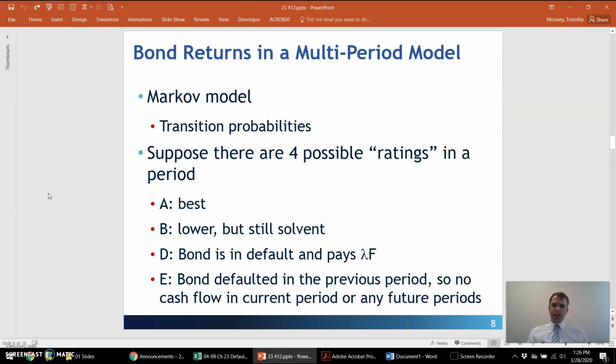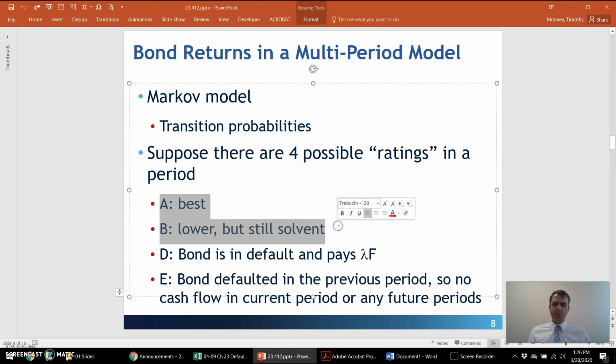So that's called a Markov model, where there's a probability of switching from one state to another as time goes by. There's a probability of starting at a high rating and moving to a lower rating, a probability of going from low to high, and a probability of going lower to default. And so the model we'll look at will have really two ratings where a firm isn't bankrupt, A and B, kind of a simplification.